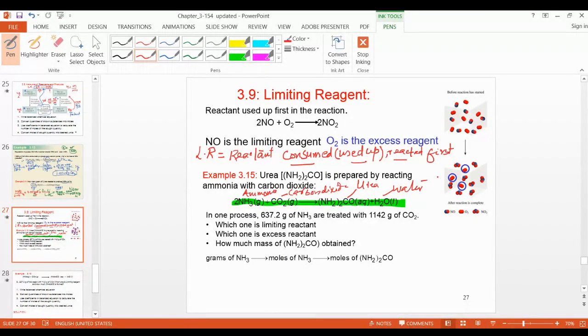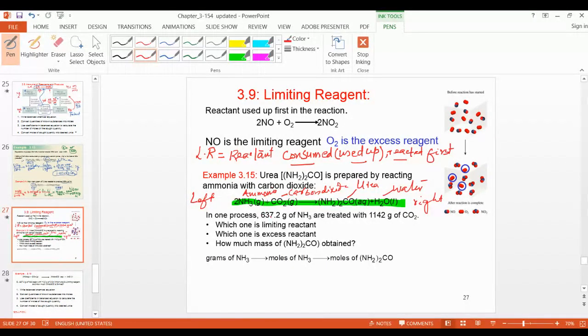To find the limiting reactant, you have to look only at the left-hand side. Never look at the right-hand side. Don't go to the product. Reactants are always found on the left side, and this is the right side, the product.